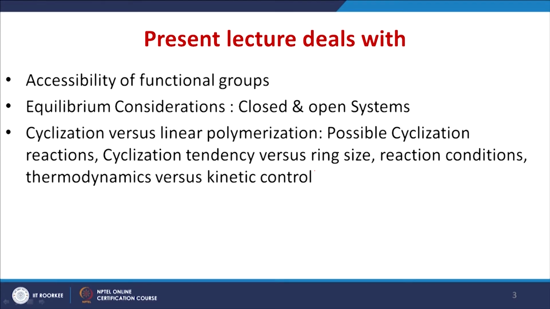We will discuss cyclization versus linear polymerization and possible cyclization reactions, cyclization tendency versus ring size, and reaction conditions. We will give major emphasis to the thermodynamic versus kinetic control differences, etc.